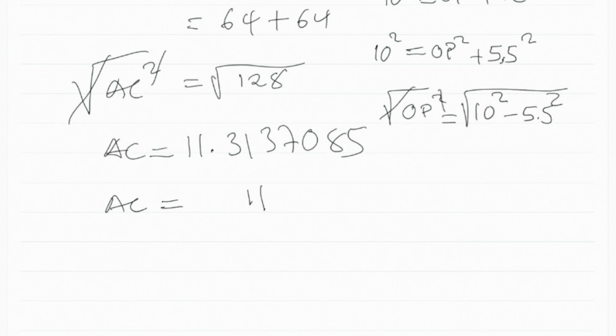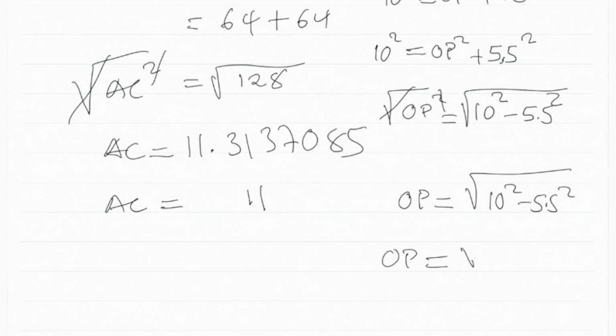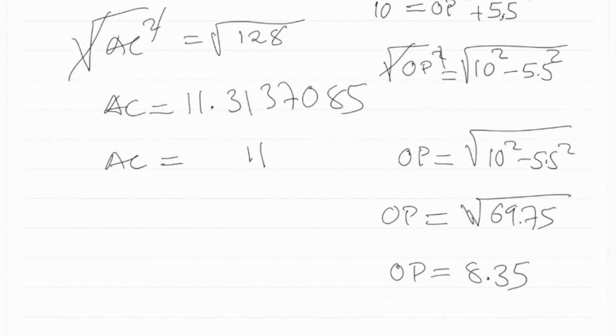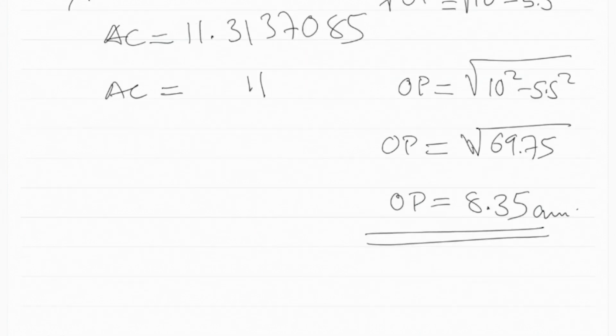Introducing the square root to both sides, we find our OP to be the square root of 10 squared minus 5.5 squared. Then this gives us 69.75, and then finally our OP gives us 8.35. This is what we have been asked to do.